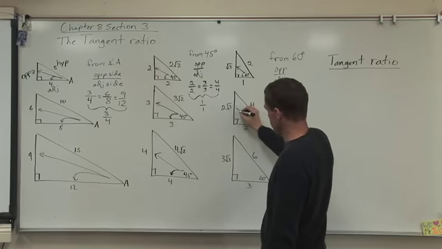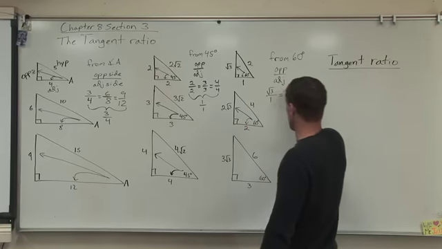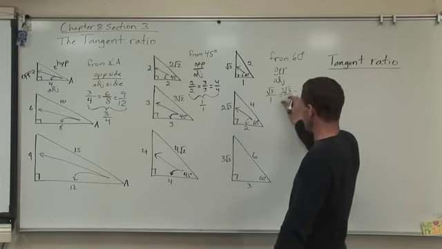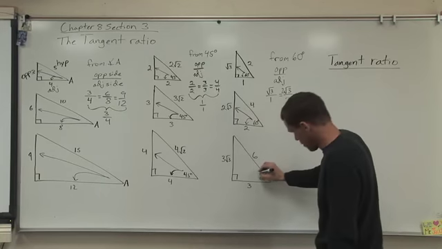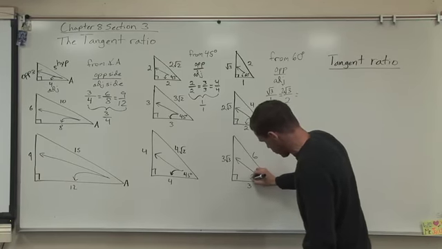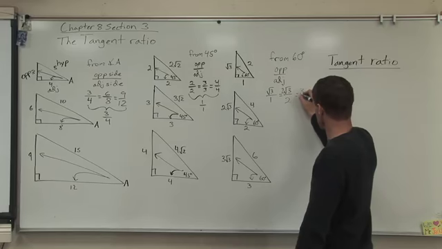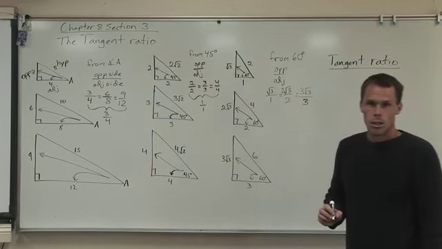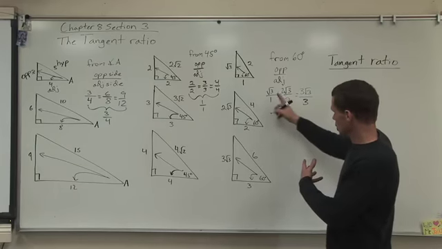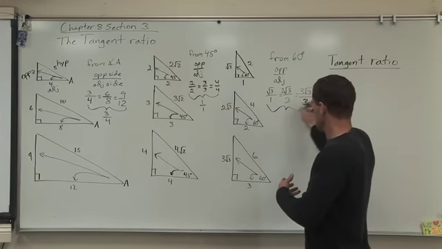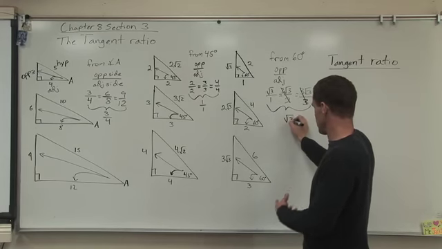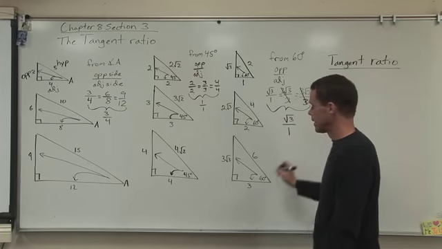And in this case, it will be opposite over adjacent, so 2 radical 3 over 2. And in my biggest one, it's 3 radical 3 over 3. Okay, now I can reduce this. This becomes radical 3 over 1. The 2's cancel out, the 3's cancel. It always becomes radical 3 over 1.